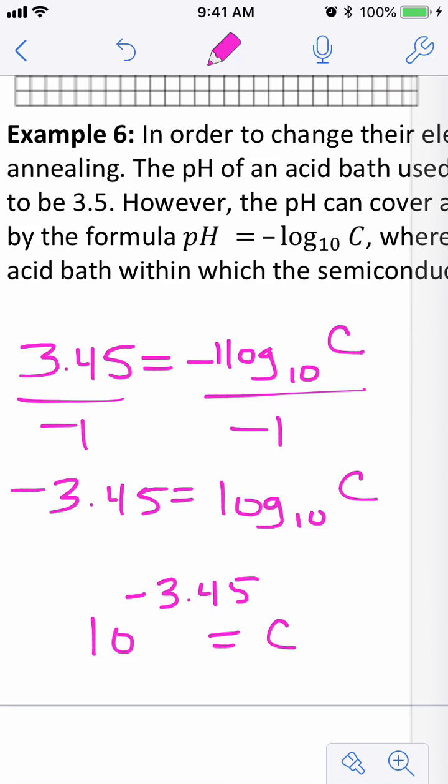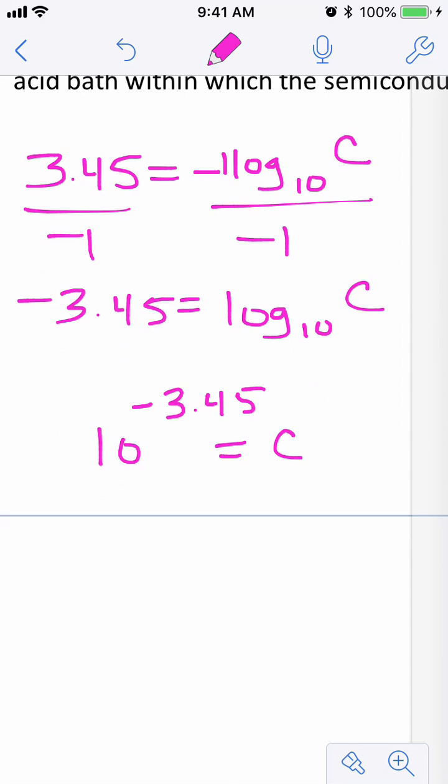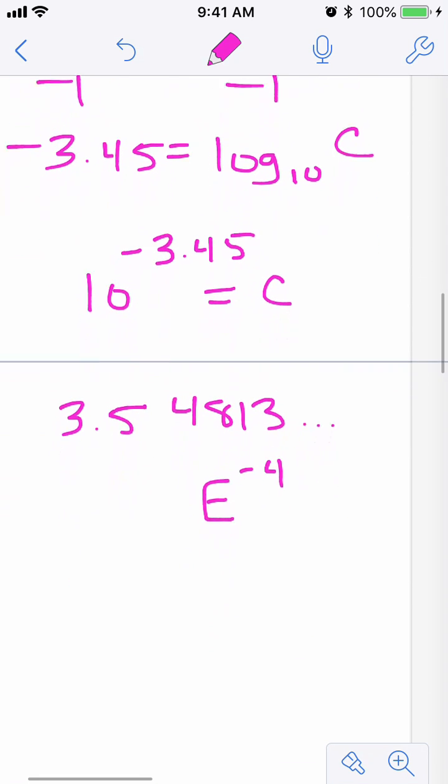Now, I don't know about you, but I can't do that in my head. So I'm going to go ahead and grab my trusty calculator. 10 to the negative 3.45. That gave me something that looks like this: 3.54813 e to the negative 4. What? Please don't write that on a test. What that means is it's scientific notation.